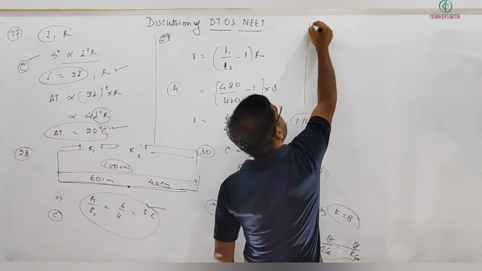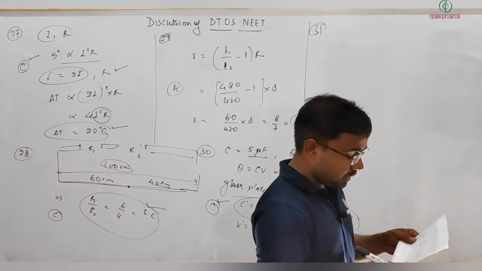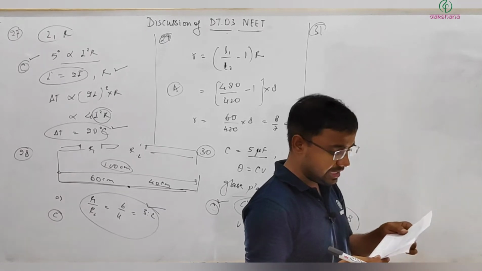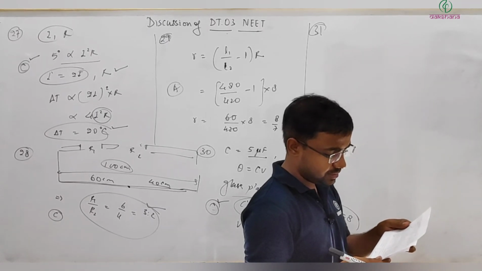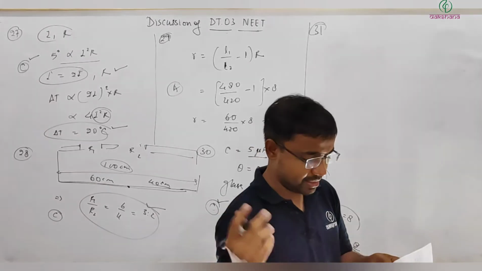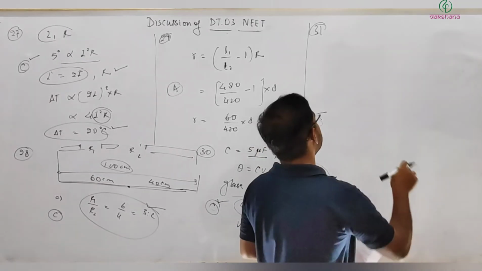Question number 31. Separation between the plates of the parallel plate condenser is D and the area is A, and a slab of thickness T and dielectric constant K is between the plates. Here it's straightforward. The derivation should be there in your theory part, and it's a straightforward formula based problem.